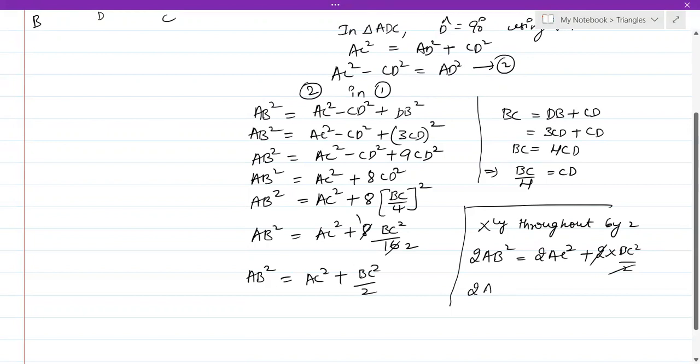So we're left with 2AB square is equal to 2AC square plus BC square. Okay, let me write this properly. 2 into BC square. Okay, that's how we got the proof.